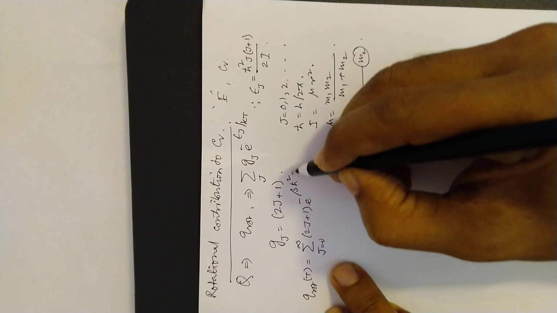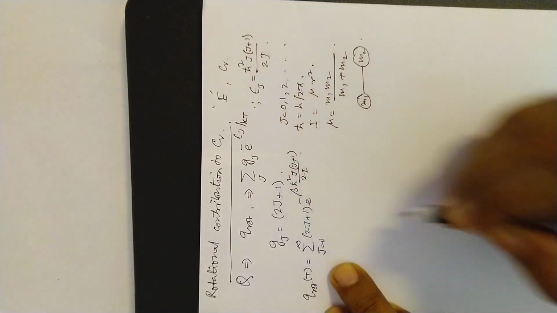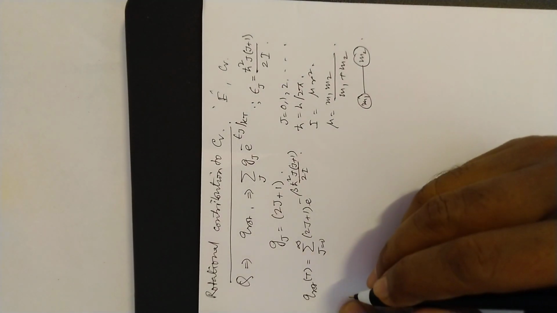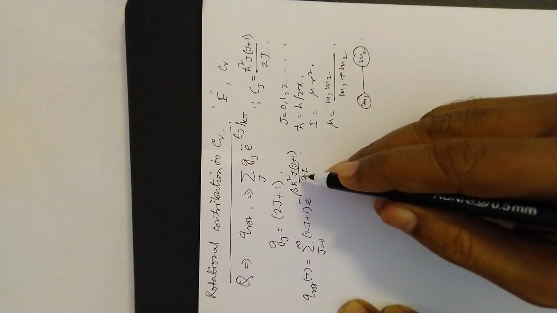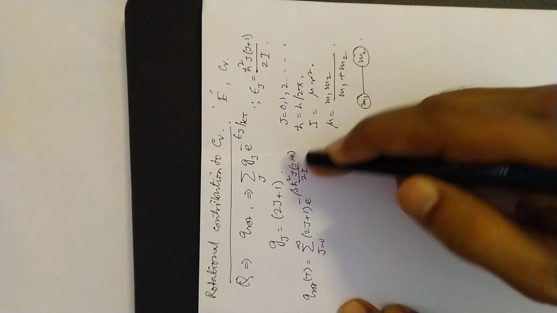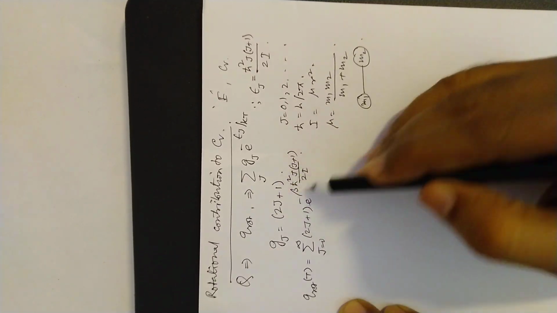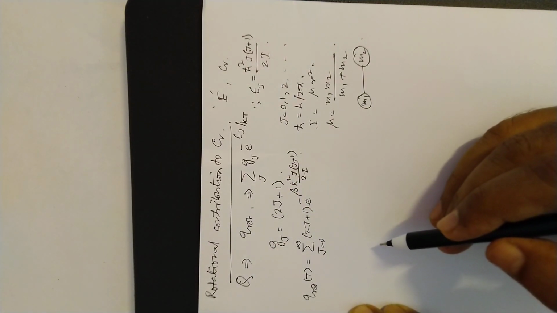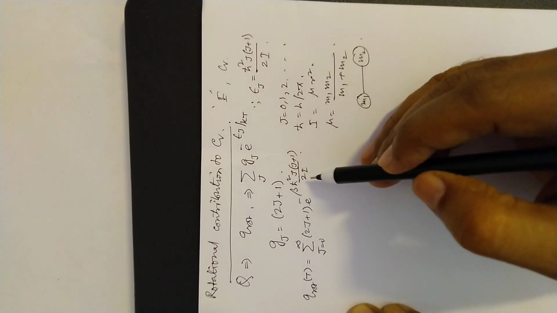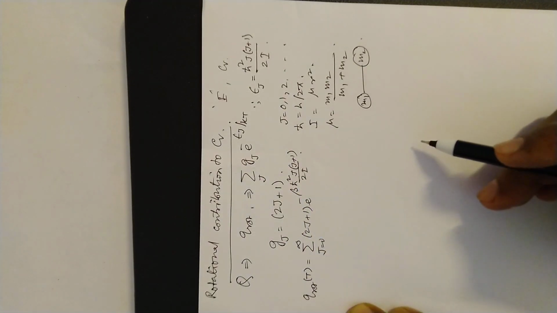As in the previous case, this can be written as something like h ν by KT, and h ν by K is the dimension of temperature.